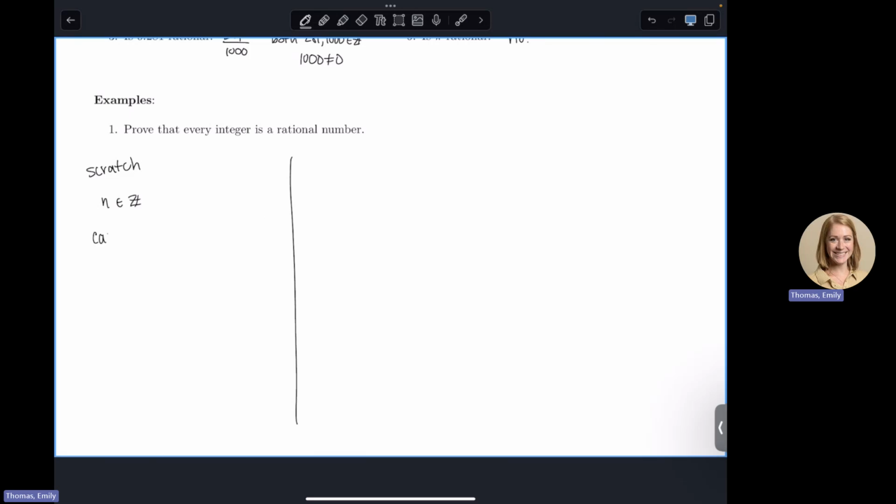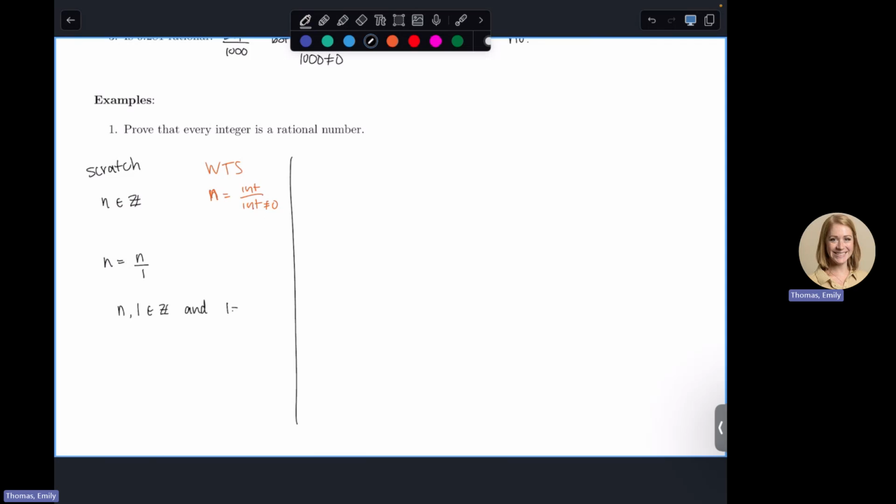We want to show that n is equal to an integer over an integer where this one isn't 0. How would we do that? Just write anything as n over 1. Yeah, so n is equal to n over 1. Both n and 1 are integers, and 1 isn't 0. And that's all we need to do.